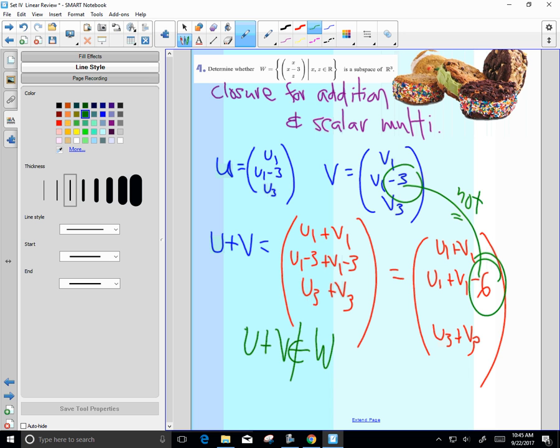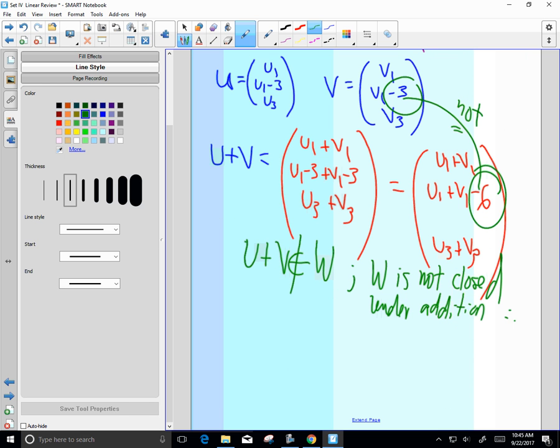And so we would say W is not closed under addition, therefore not a subspace of R2.